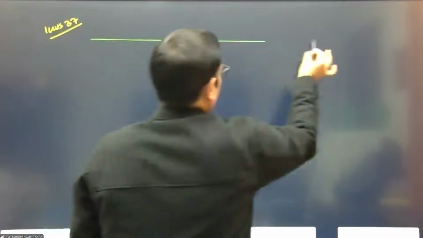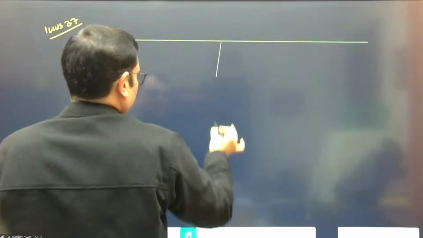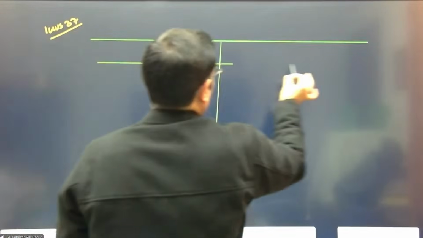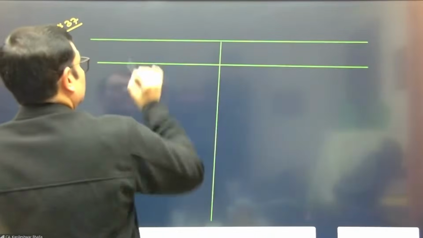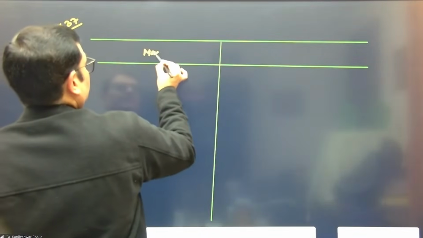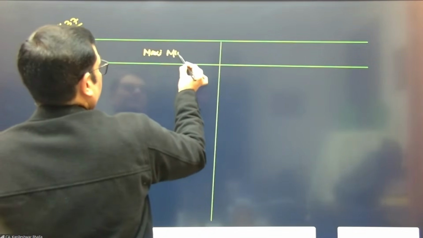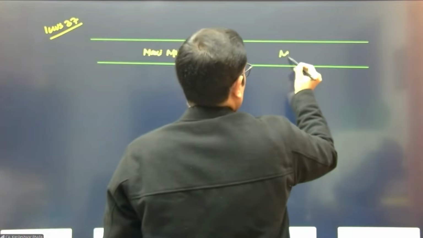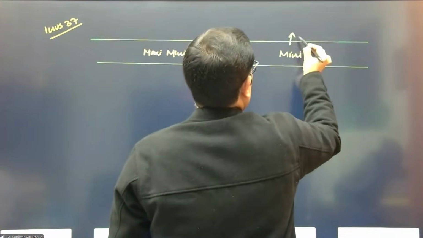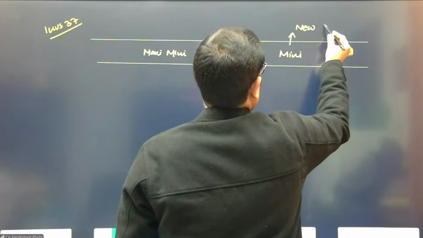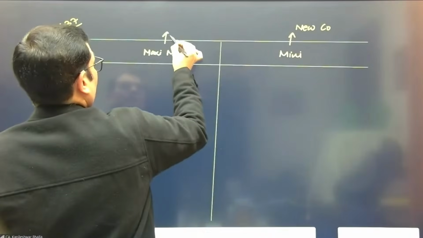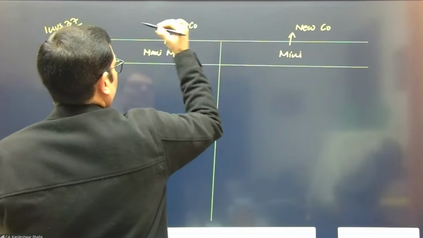And we're going to look at the entries in the books of old and the new company, with which we will draft the balance sheets as well. So this is the books of Maximini, old company. And this is the books of Mini, which is new company. So let's call this as a new company. And let's call this as an old company.